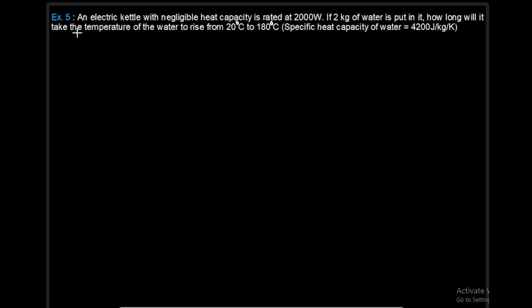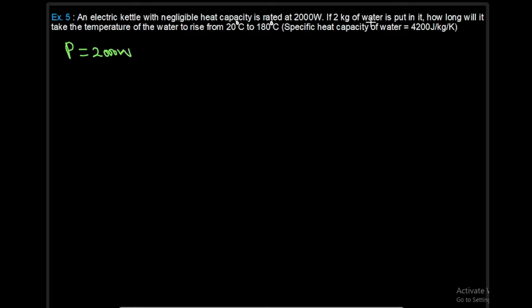Now moving on, this question says an electric kettle with negligible heat capacity is rated 2000 watts. Wattage is talking about power. So we have power given to us to be 2000 watts.